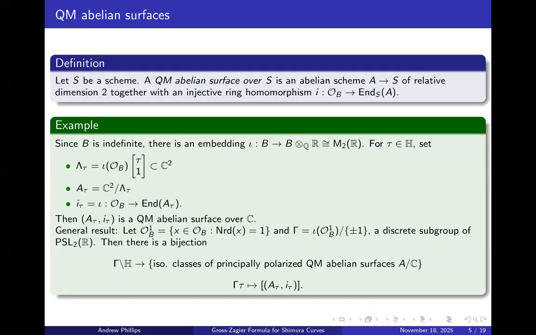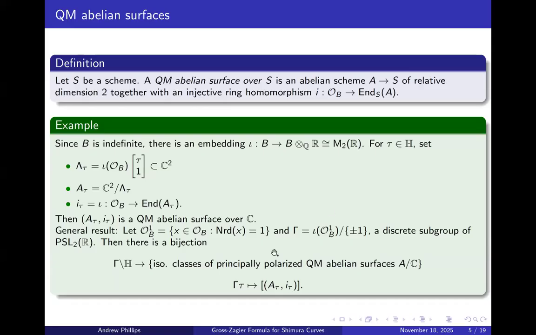If you take H and mod out by this subgroup, there's a bijection between that quotient and the set of isomorphism classes of principally polarized QM abelian surfaces over C, by sending this coset to the pairing that we just defined.